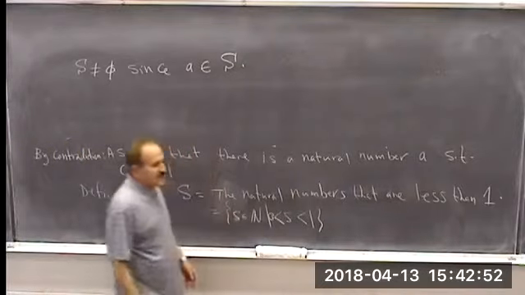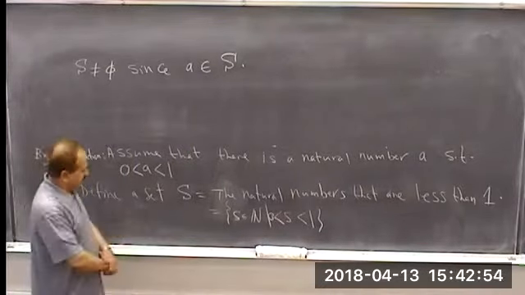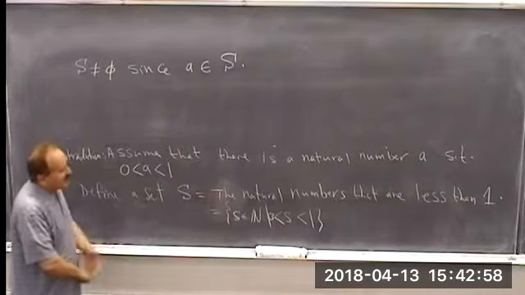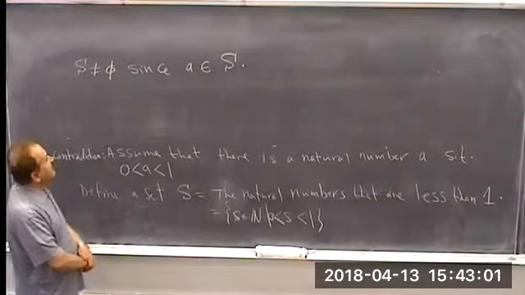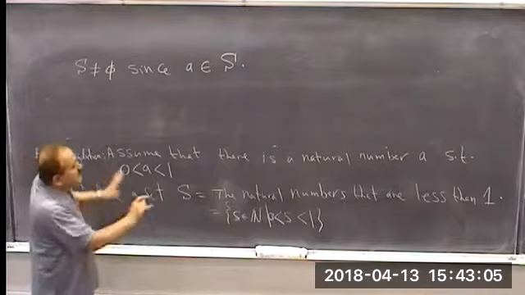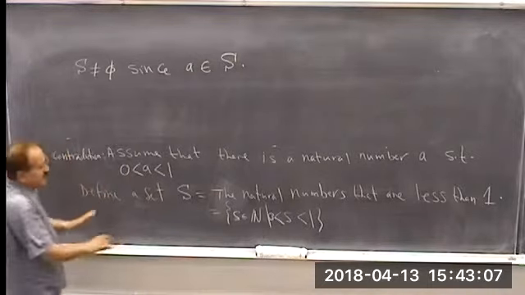Of course, it's kind of ridiculous. You might think that it looks like S is going to be empty. Well, we're going to show that it is actually empty in the end. But what we're doing logically is all correct.